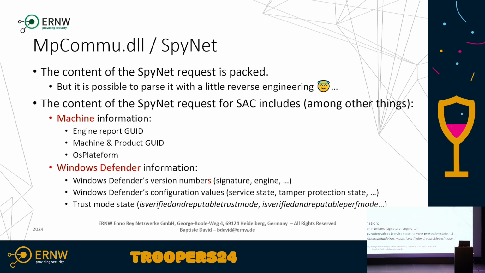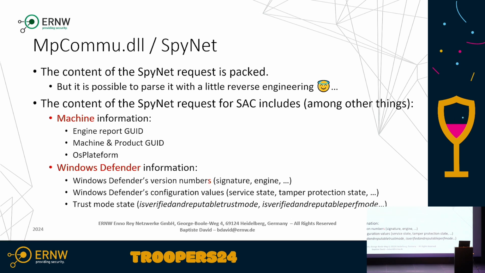So we have the possibility to extract all the information from a spynet report, and we have very interesting information. When you make a smart app control request, at least Windows Defender does it for you, it provides the machine information, engine report GUID, machine and product GUID, OS platform, a lot of information about your current machine. Also, in Windows Defender information, it provides all the Defender's version numbers, signature, engine, database of signatures, quarantine, and so on.